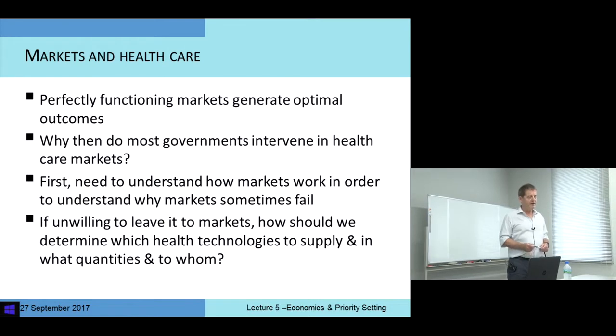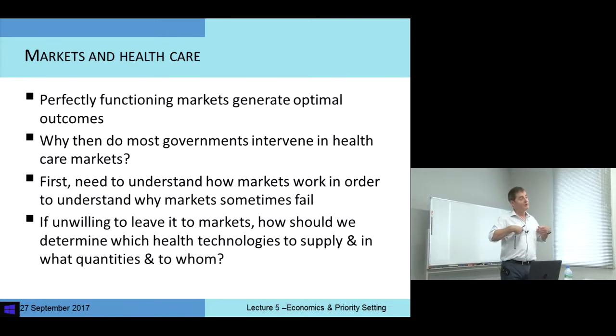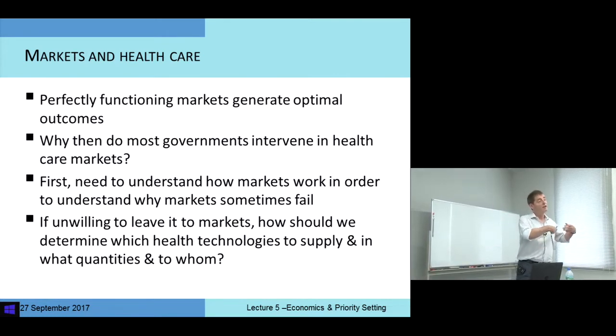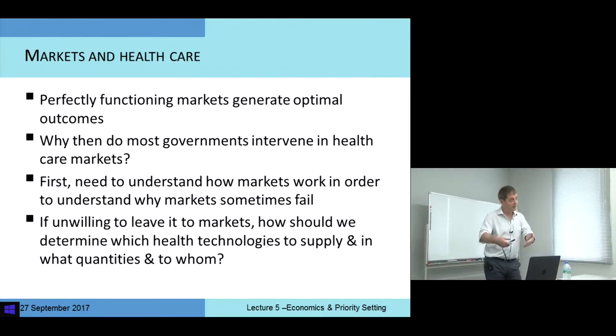Now, if that's the starting point, and that's where economists start, a belief in markets, the functioning of markets, why do most governments intervene? And when I say most, it's probably all governments to some extent intervene in the markets for healthcare. Sometimes they completely replace the market. Sometimes they'll allow a private market to coexist alongside very regulated provision of healthcare.